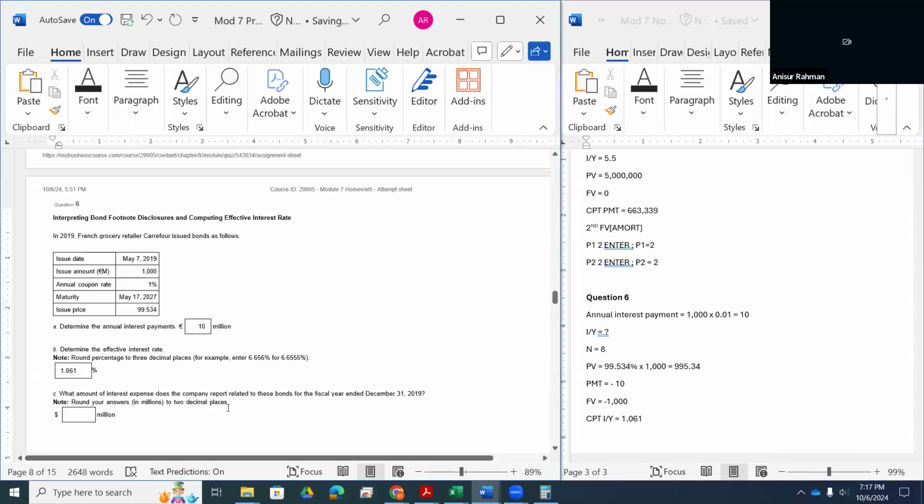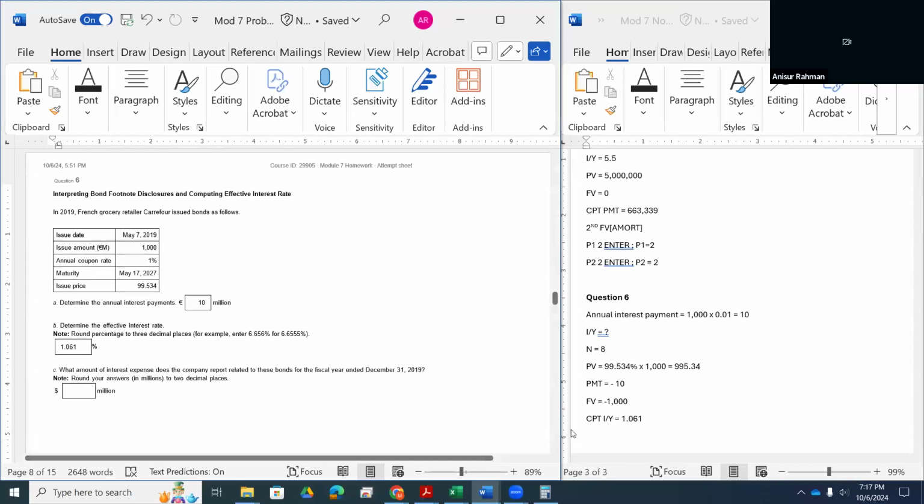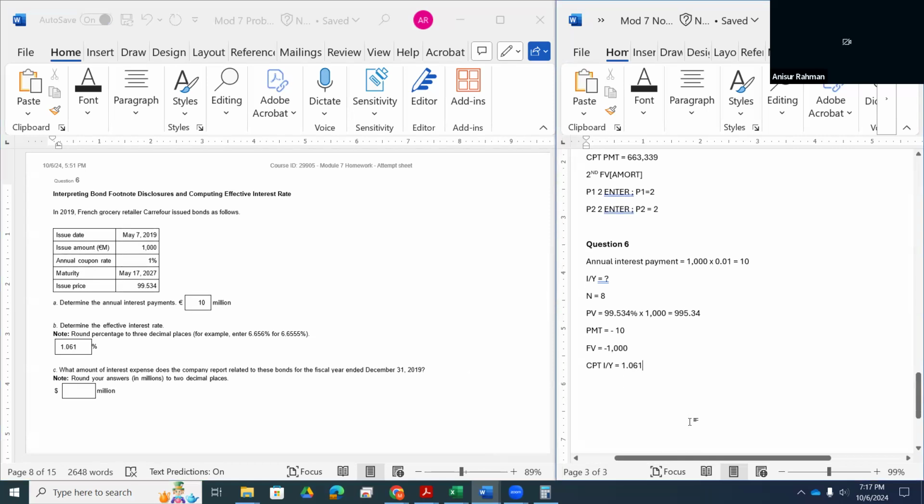What amount of interest expense does the company report related to these bonds for the fiscal year ending December 31, 2019? So it is talking about interest expense reported on the income statement.